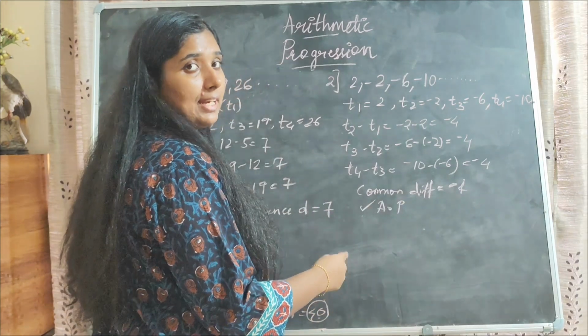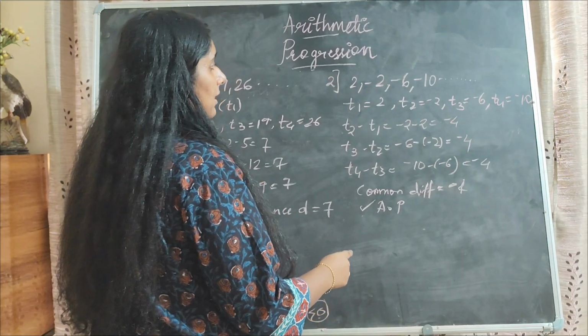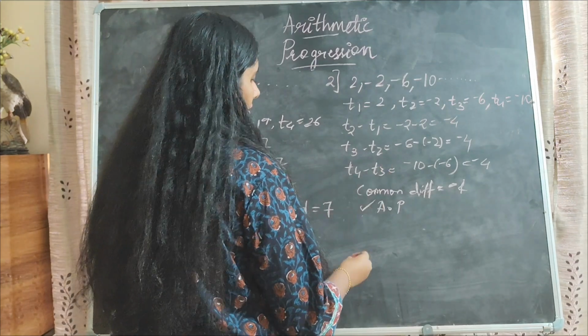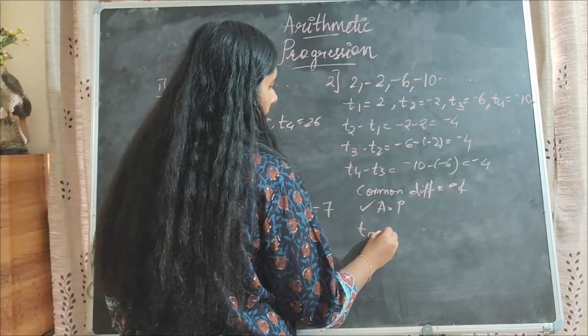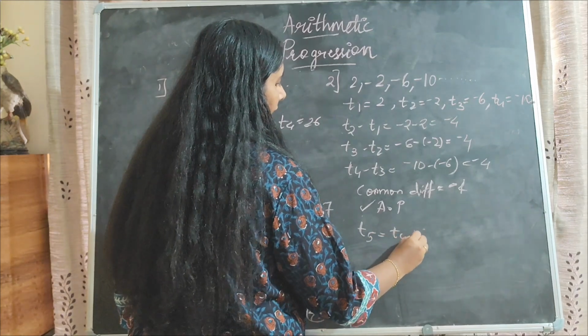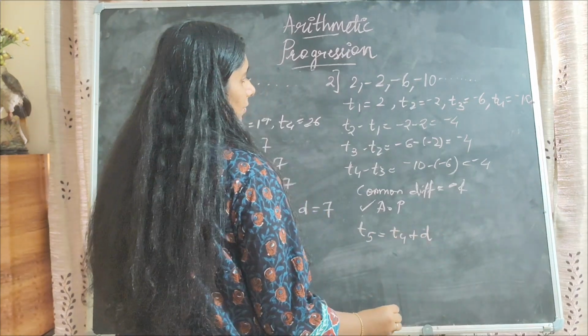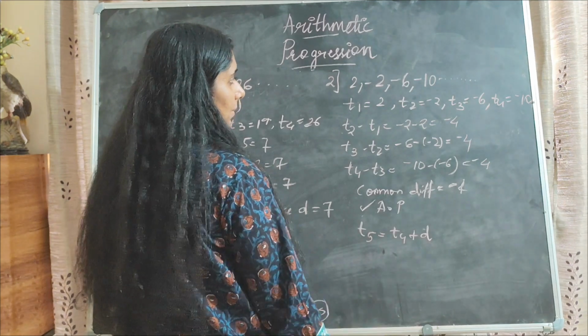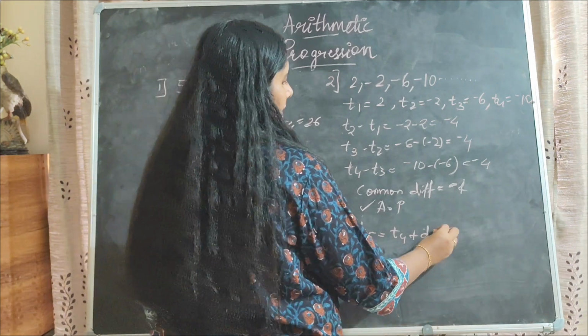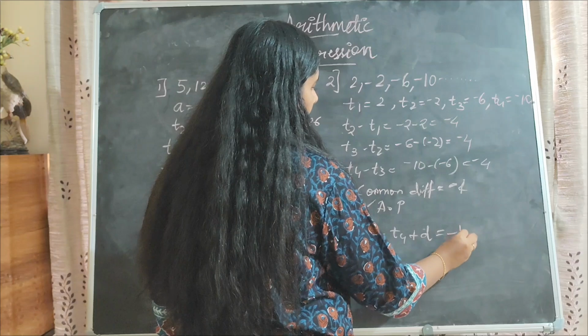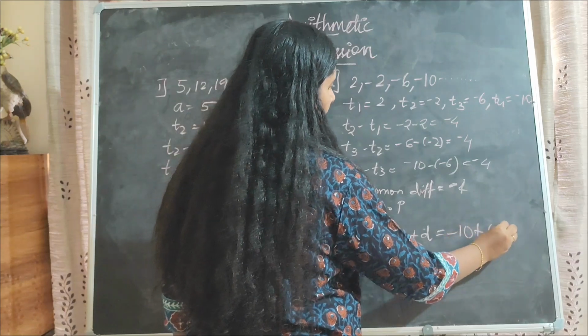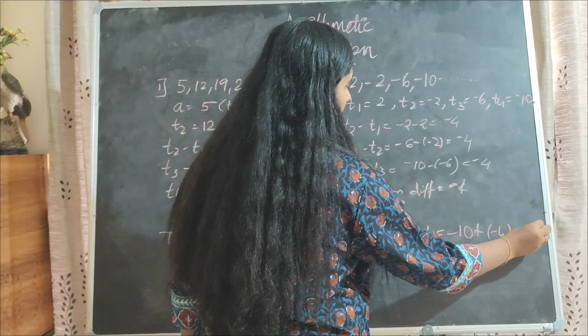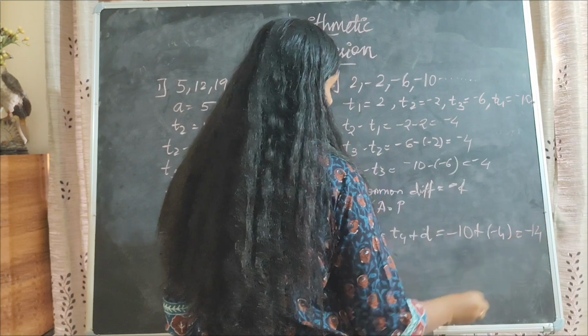If this sequence is an AP, what are the next two terms? T5 will be T4 plus D, or you can say T5 minus T4 is D, that is the common difference. So T5 is T4, minus 10, plus minus 4, which is minus 14.